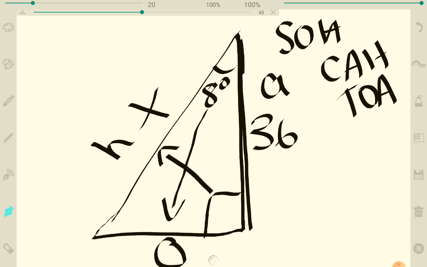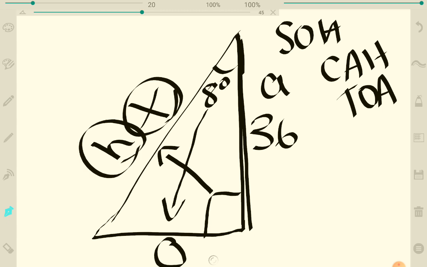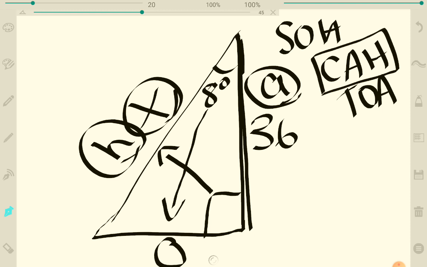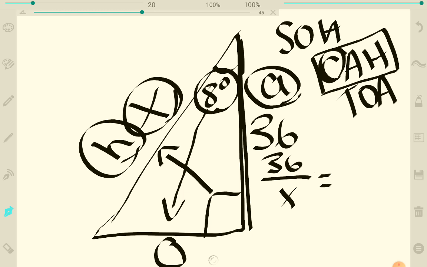On this one, we're trying to find x, which is the hypotenuse. But we don't have hypotenuse over adjacent. We only have CAH, which is adjacent over hypotenuse. So we have to do 36 over x equals cosine 8.